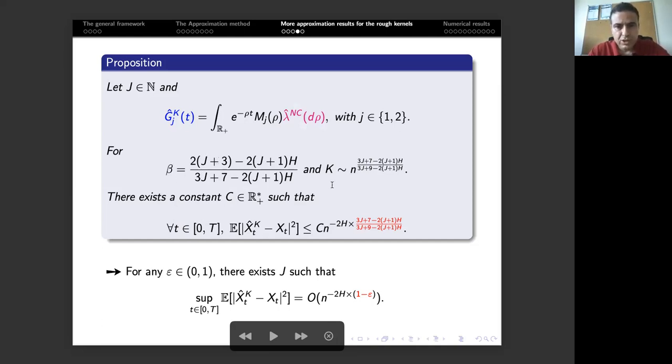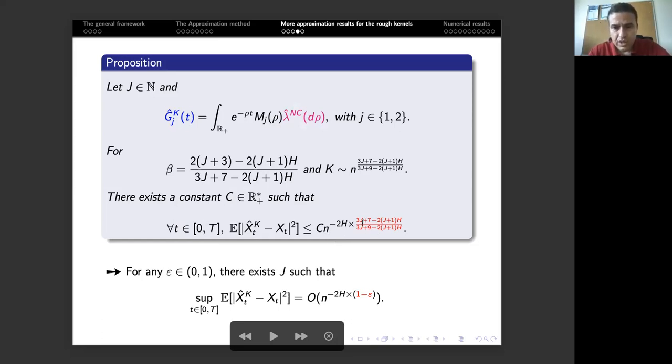If we consider such a choice for beta and k, then we are able to prove that the strong error between our system of stochastic differential equations based on the Newton-Cotes approximation of the kernel and the original stochastic Volterra equation, of course for the specific rough kernel case, has a strong error of this order.